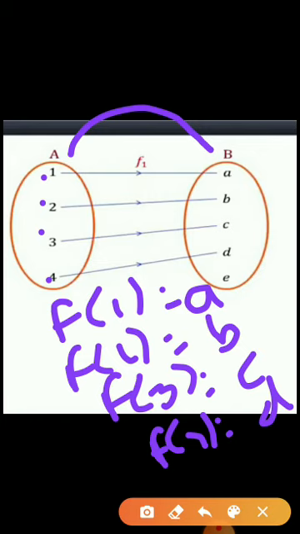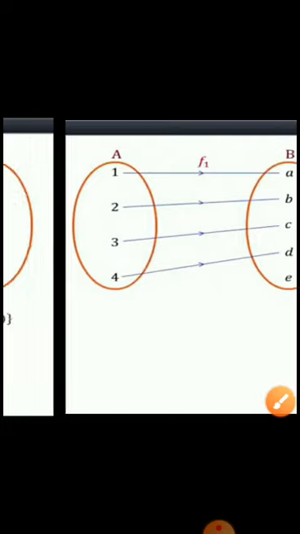If I take any two distinct elements of the domain, 1 and 2 are distinct, then its images are also distinct. So when you take any two distinct elements from your domain and they have two distinct images, then the function is said to be a 1-1 function.